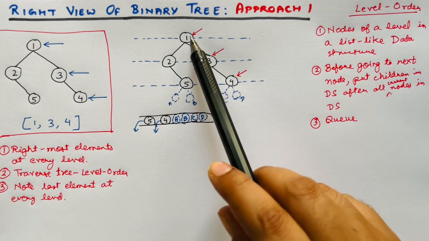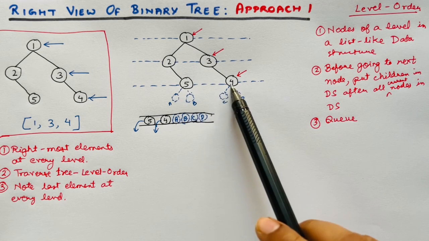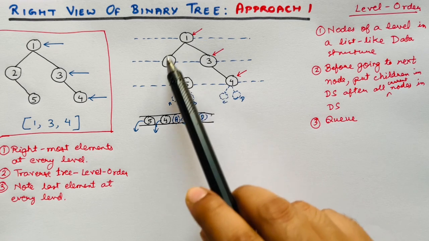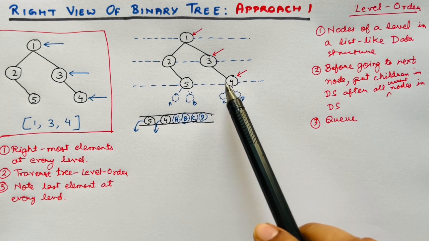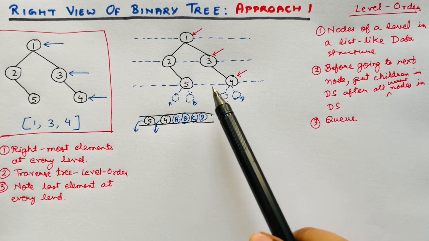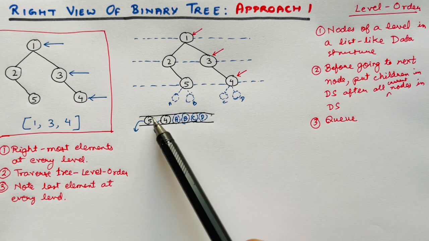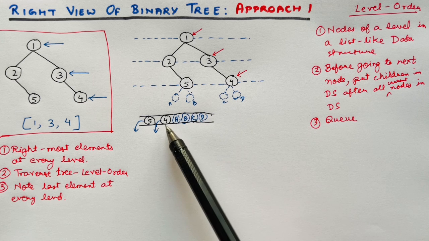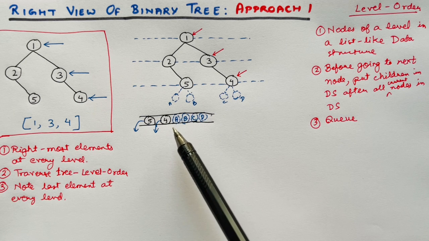But the tree node, these all have data type tree node. Tree node does not contain the level information. It contains only 3 things: the value, the left child and the right child. Therefore, in the queue, if we directly put tree node, our problem will not be solved.